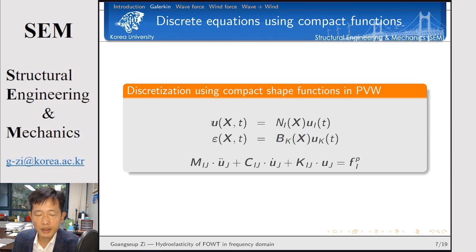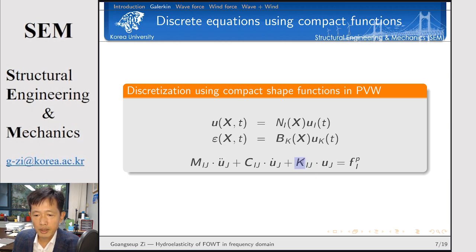If you plug this displacement and strain into the principle of virtual work shown in the previous slide, we can obtain the well-known discrete equilibrium equation. Here M_ij is the mass matrix, and U double dot sub j means the acceleration of node j. And K_ij is the stiffness matrix of the node.